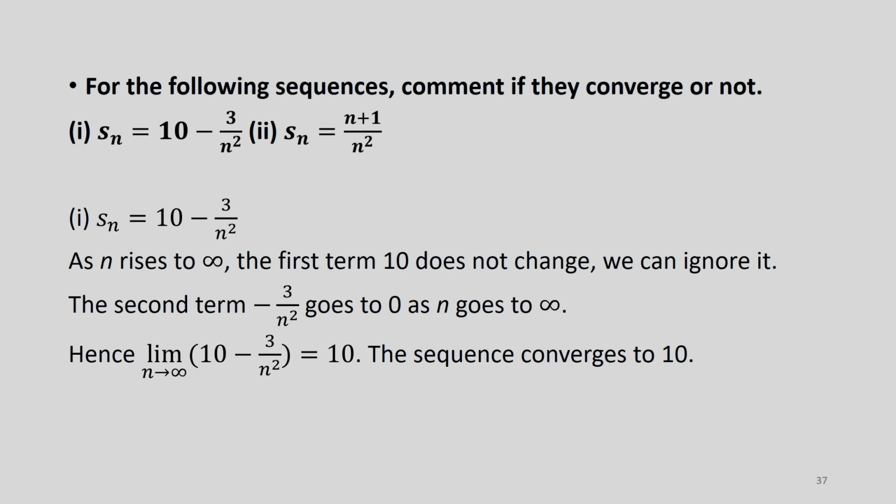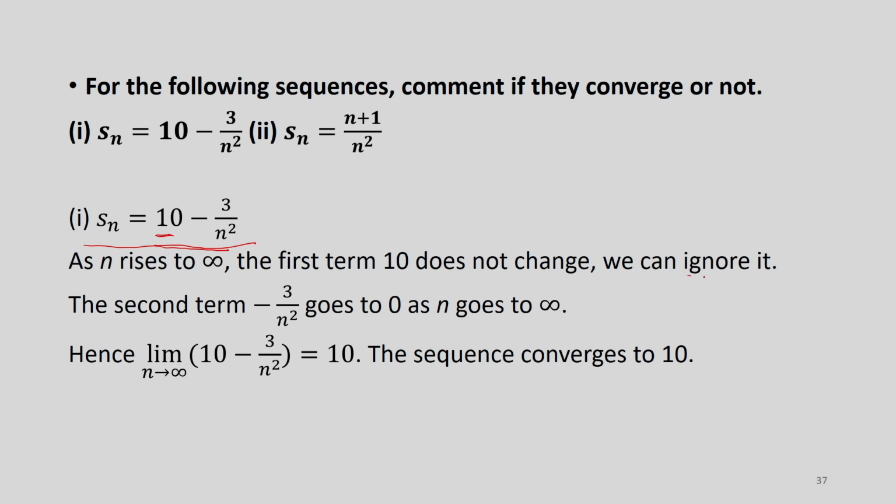Okay, let us take the first one. Sn is equal to 10 minus 3 divided by n square. Now, we have to find out as n goes to infinity what happens to Sn. Here as n goes to infinity, the first term is 10, it does not change, right, it is constant.